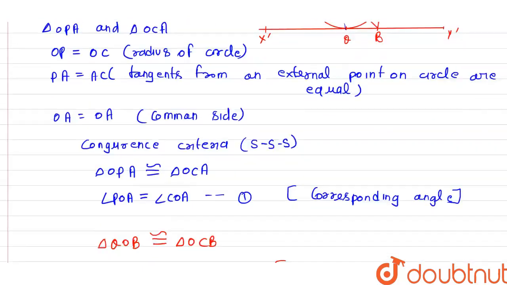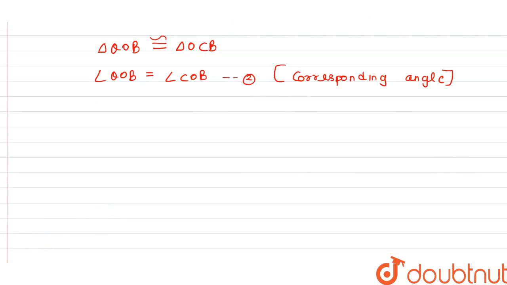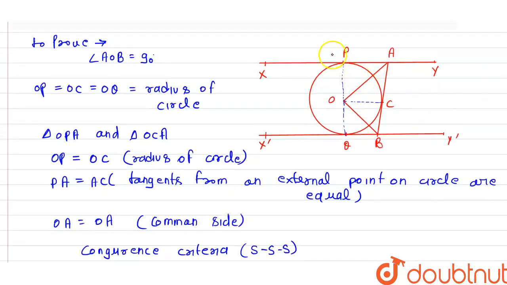Here we know that POQ is a diameter of this circle, and POQ is also a straight line.